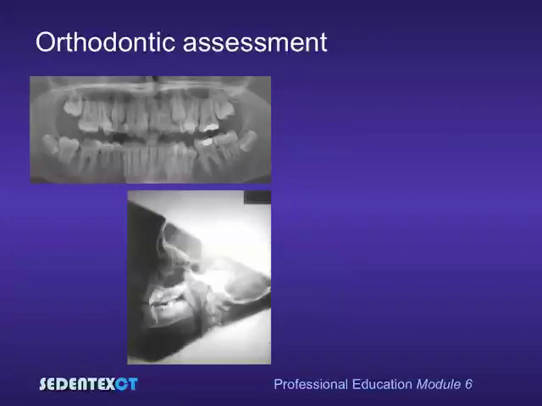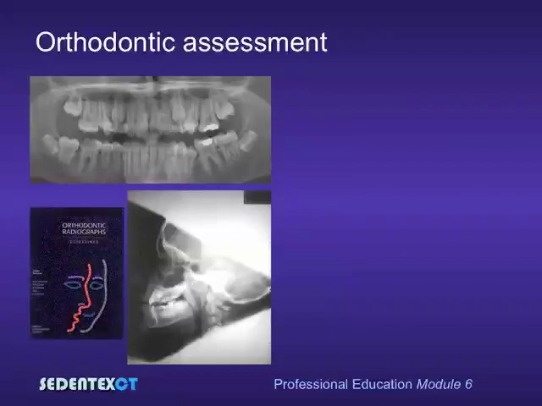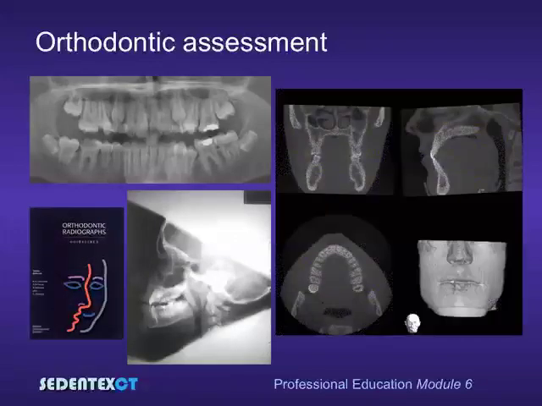There are criteria for the use of radiographs in orthodontic treatment. This, for example, is a set of UK guidelines. But the use of cone beam CT can be particularly attractive to orthodontists. The possibility of having three-dimensional images when the purpose of orthodontics is to move teeth bodily through bone is particularly attractive.